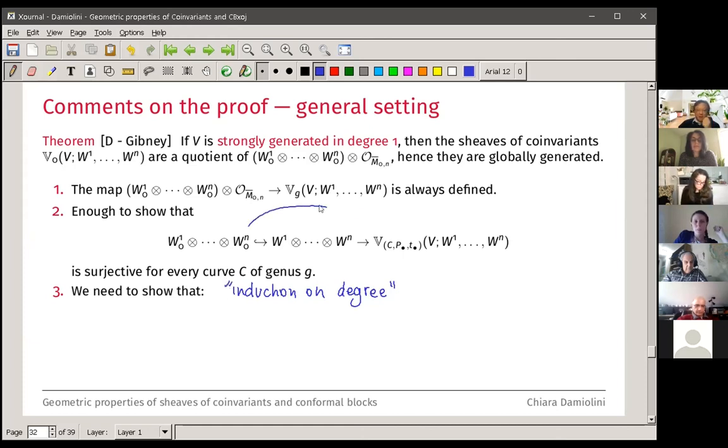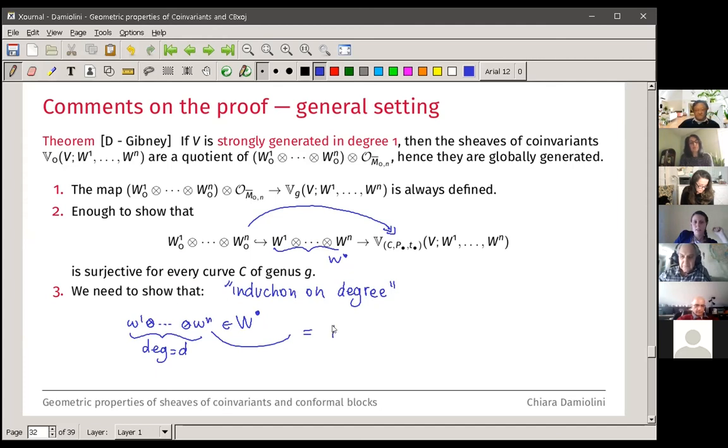If I want to show that this map is surjective, it's enough to say that if I take a homogeneous element, maybe of degree D, inside this tensor product, and I show that every element of this is written as a sum of elements of lower degree plus something that goes to 0, meaning something which belongs to the image of the algebra, then I'm done, because I can keep applying this procedure until I go back to degree 0.